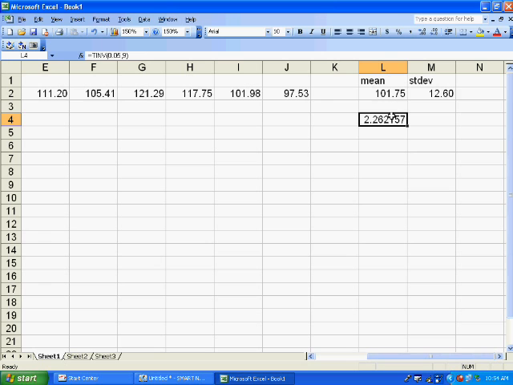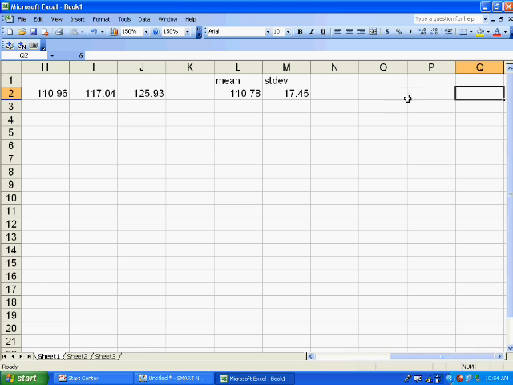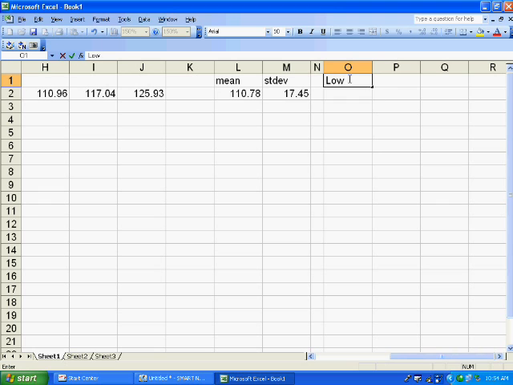Okay, the lower limit is equal to the mean, L2, minus the T statistic, 2.262157, times the sample standard deviation, M2, divided by the square root of 10.